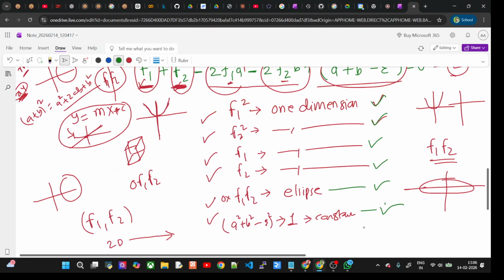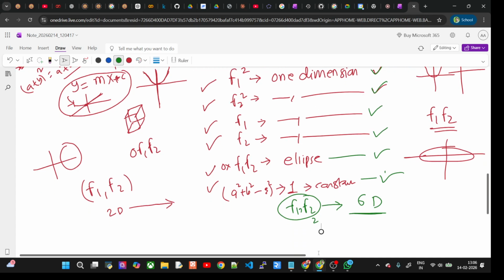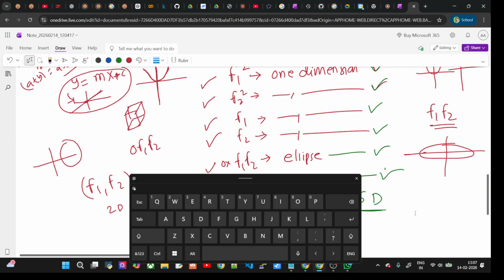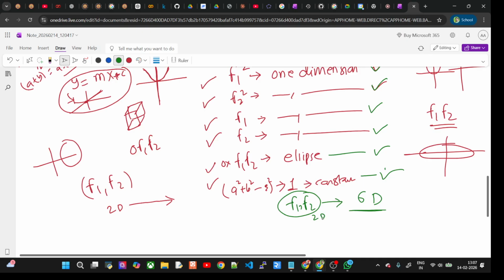So it is now in 6 dimensions. The earlier 2D, which shows a non-linear relationship, is now presented in 6D.